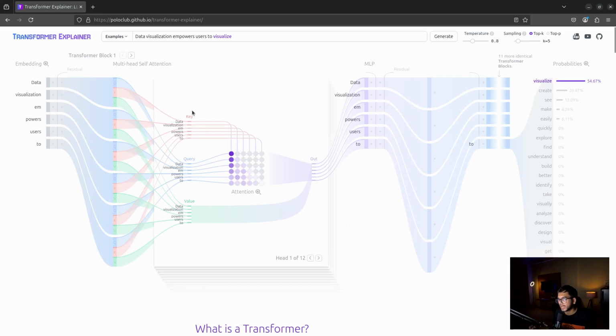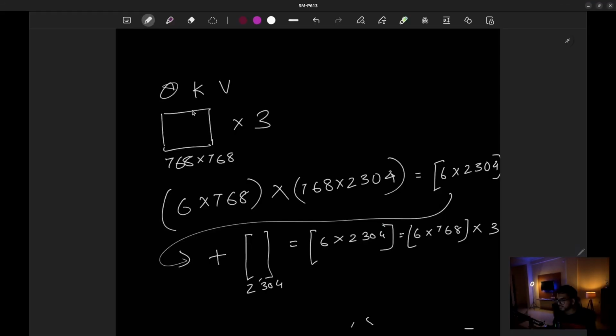The 6 by 2304 is the final matrix that we got after doing the matrix multiplication and adding the bias. If you consider this as 3 matrices, then those are 6 by 768, times 3.